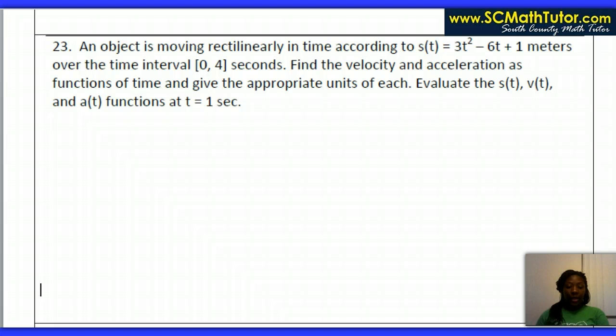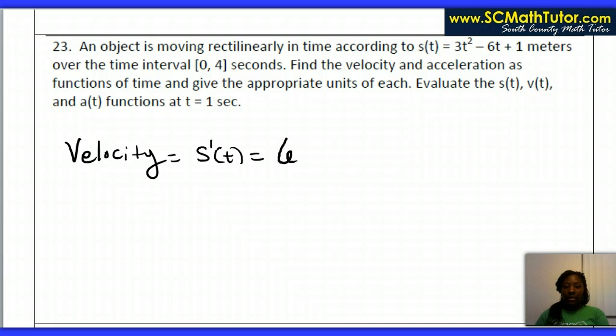First things first, velocity is change in distance over time, which is the same thing as first derivative. So the first derivative of this function is 6t minus 6.